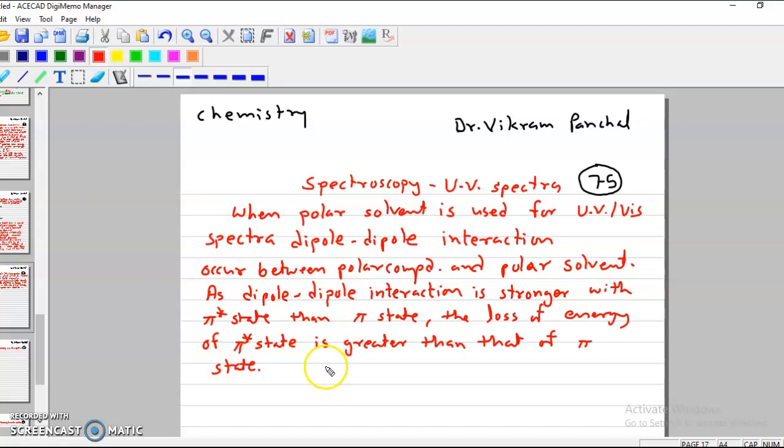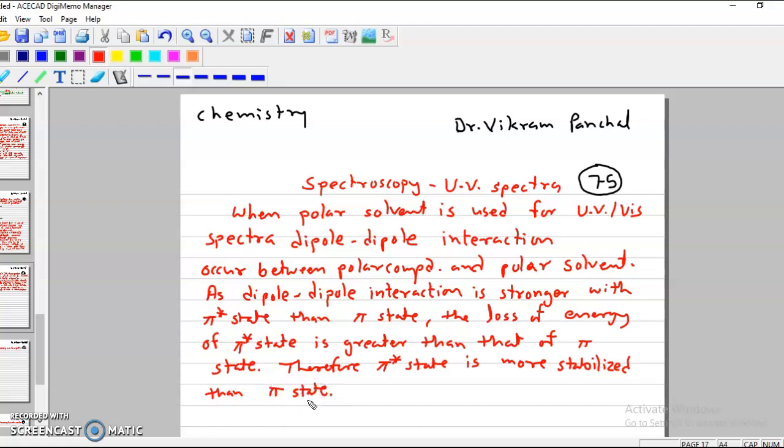Therefore, the pi star state is more stabilized than the pi state, and is having lower energy than the pi state.